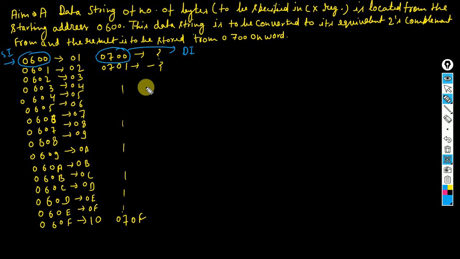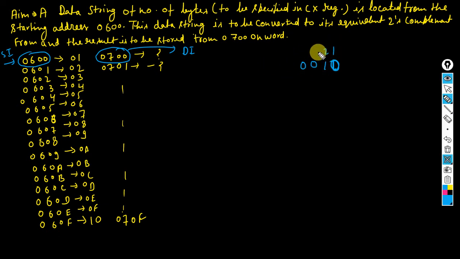Let's start with an example. Suppose we have a binary number 00000010. What is the meaning of this number in decimal?